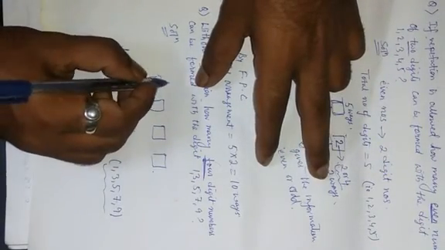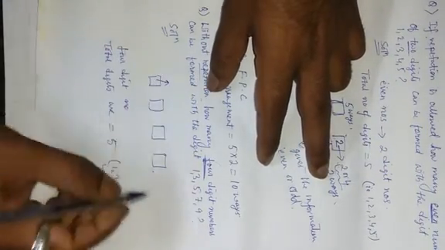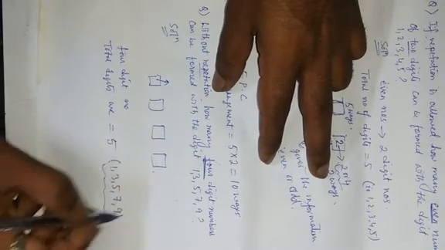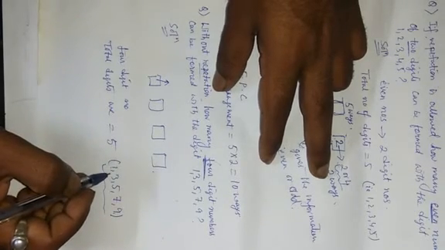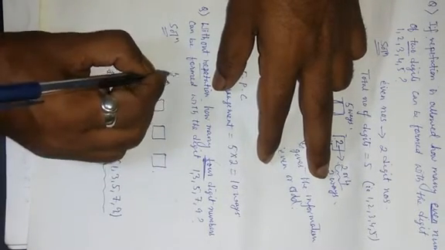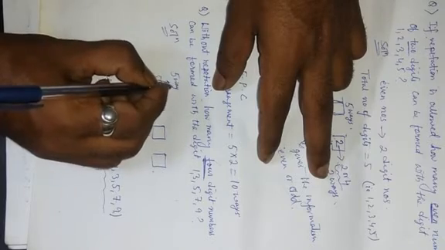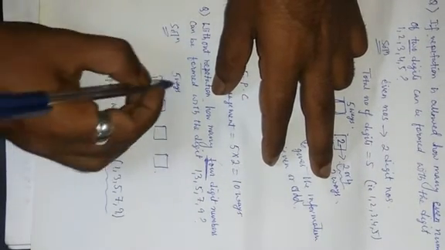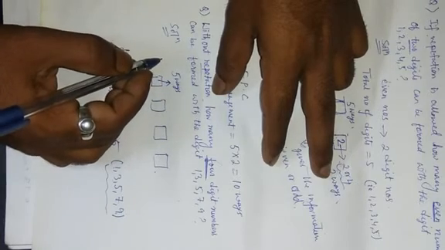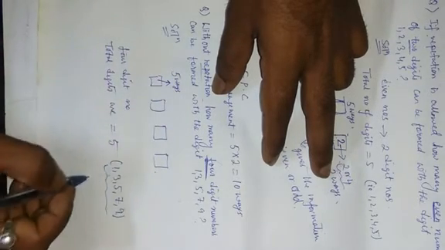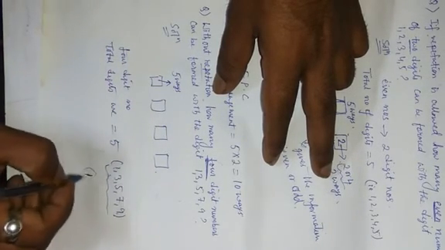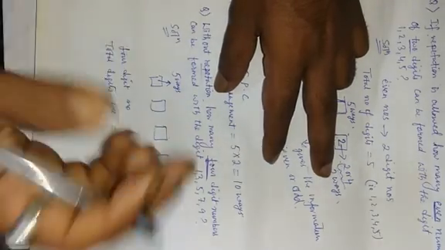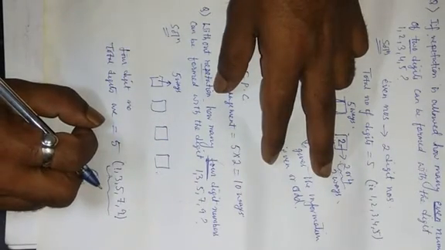Let me start filling from here. I can take any one of the digits from here, and I have a total of 5 options, meaning 5 digits are there. So this place can be filled in 5 ways. Since I have utilized one of the values here, suppose I have used 1 in the first box, how many digits remain?